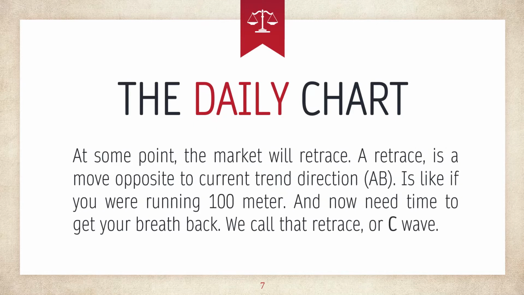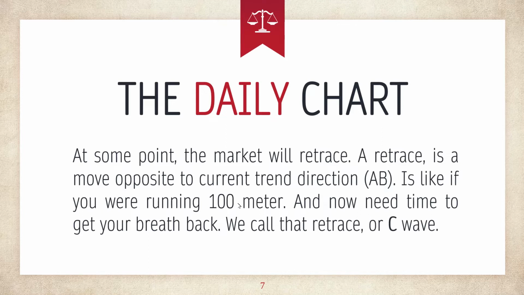What you also saw on the chart was that at some point the market will retrace. A retrace is a move opposite the current trend direction AB. So if we go from A to B like we did in our chart, the market doesn't have the power to continue just right up. It has to retrace.